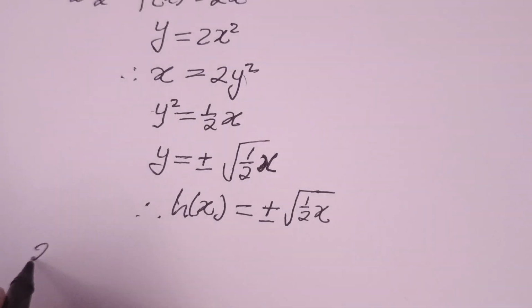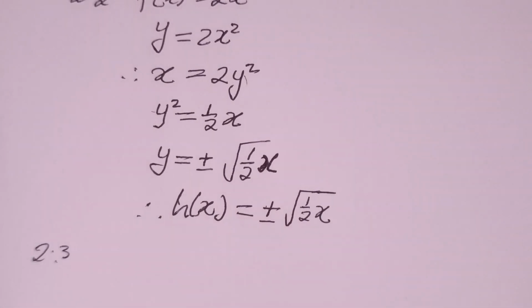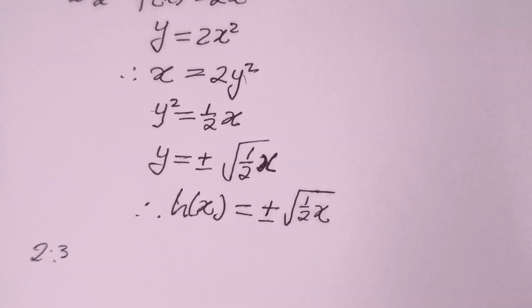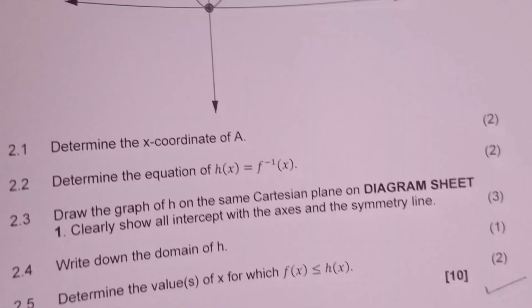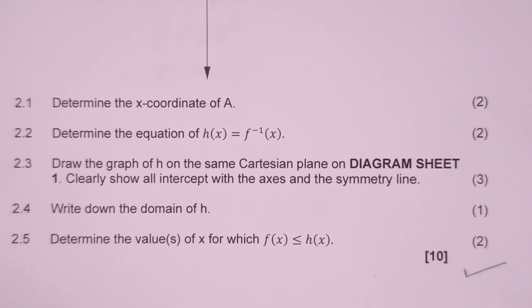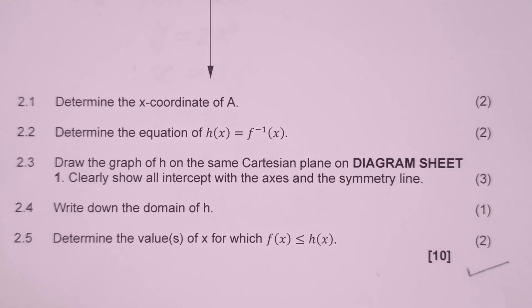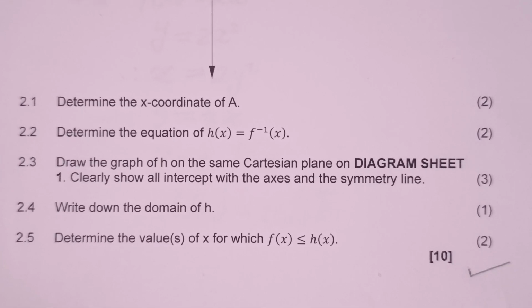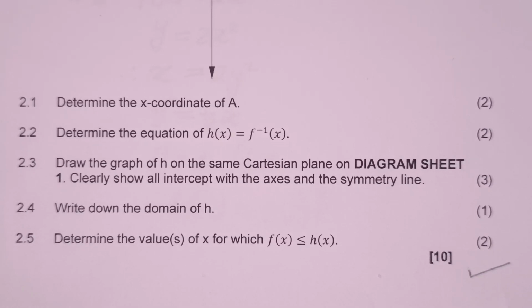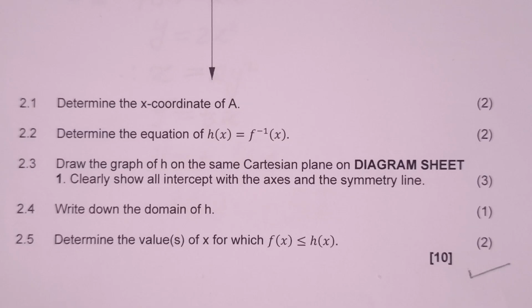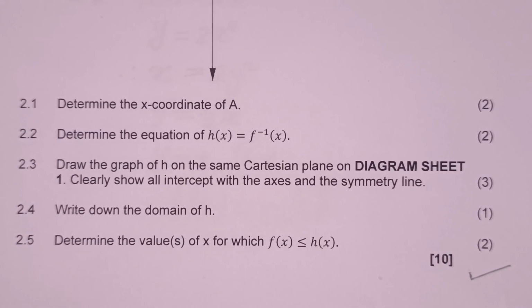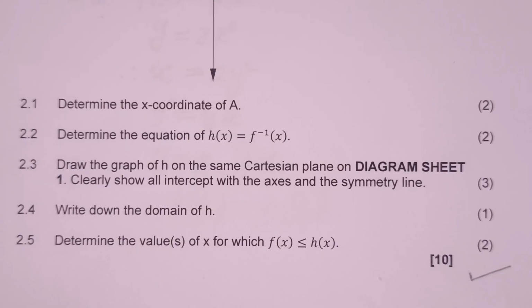Let's go to 2.3, where we are going to use this graph paper, because 2.3 says draw the graph of h on the same Cartesian plane on diagram sheet 1. Clearly show all intercepts with the axis and the symmetry line.